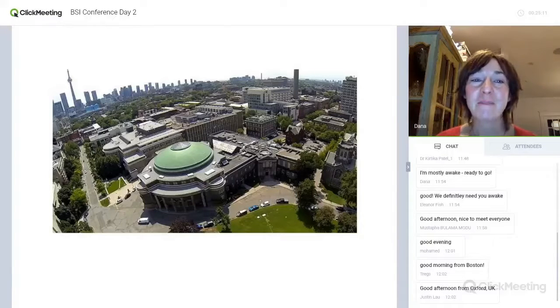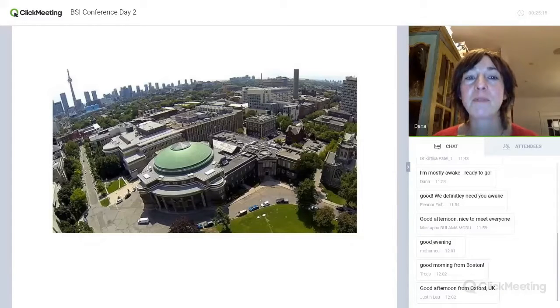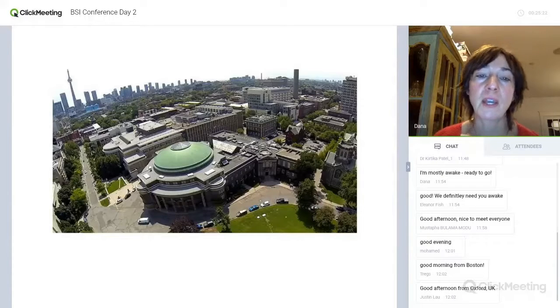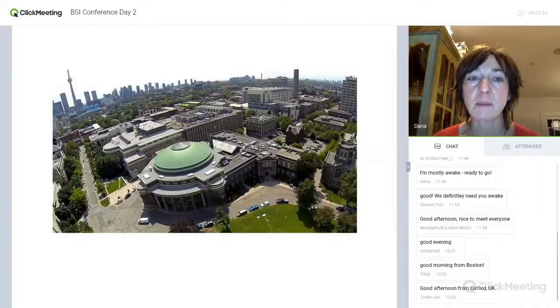So, as Eleanor mentioned, my lab has been interested for many years in looking at how microbes interact with the host and how this affects disease outcomes, especially in inflammatory bowel disease.